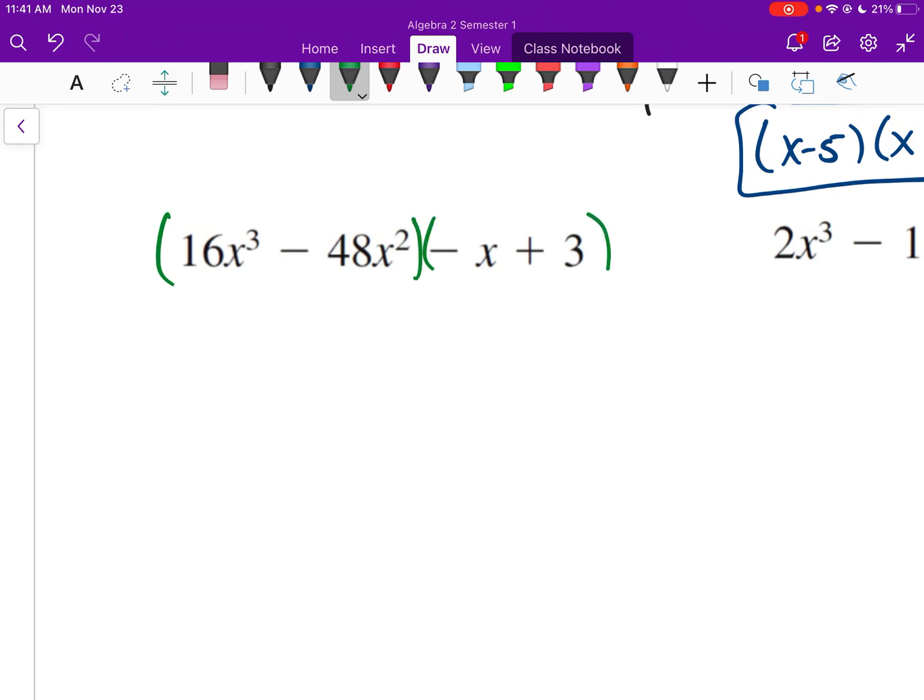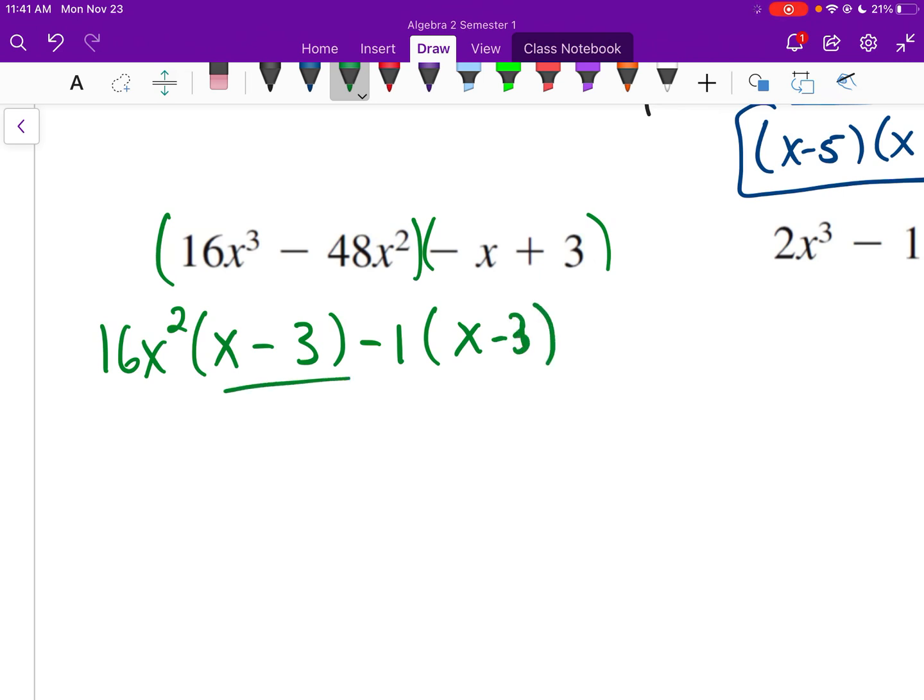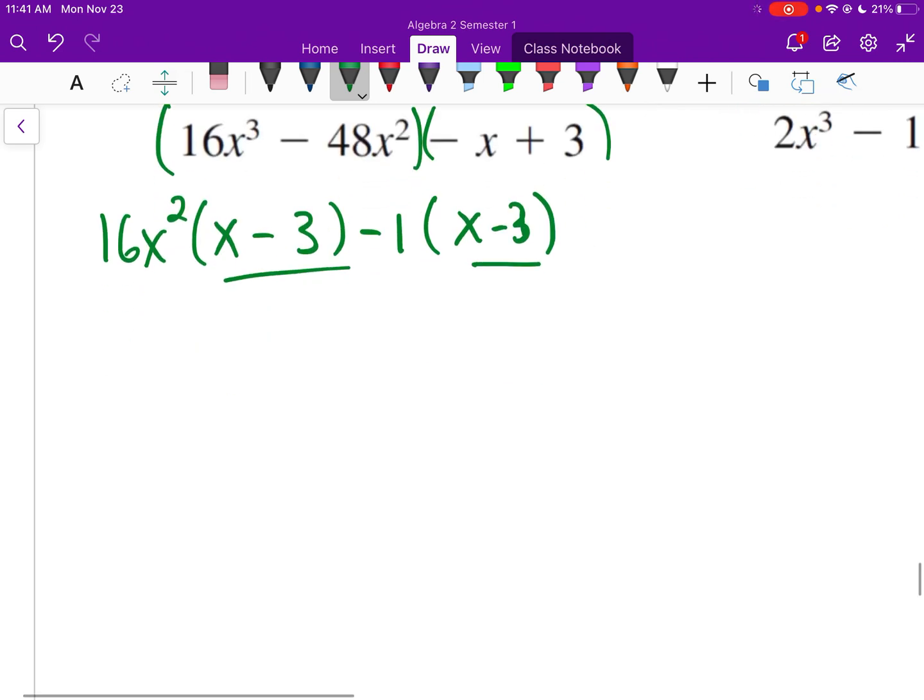Group up the first 2 terms, group the second 2 terms. I see 16x squared goes into both of those terms, leaving me with x minus 3. Okay, in the next term, I can factor out a -1, leaving me with x minus 3 again. Okay, so x minus 3 is that common factor now at this point.